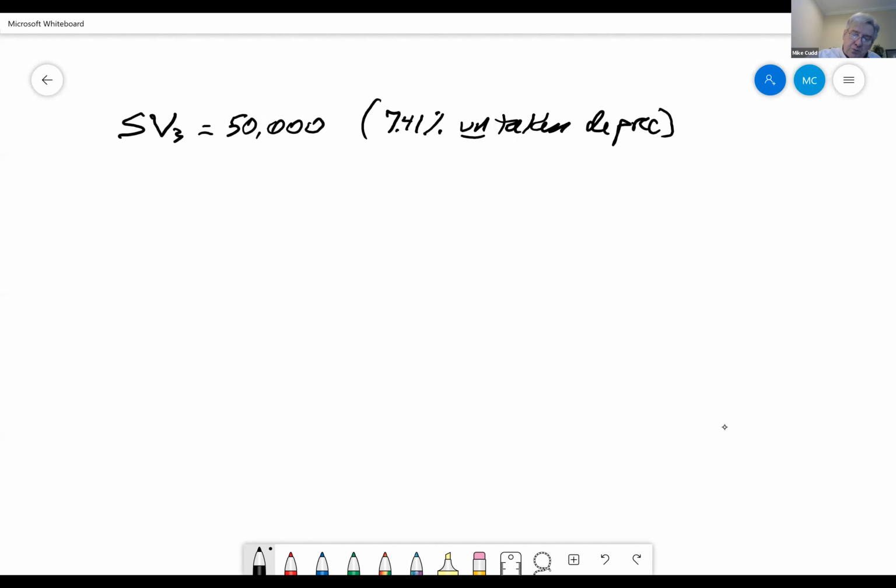Sorry about all the jumping around. And from our earlier problem, the change in working capital at the start was 65,000.